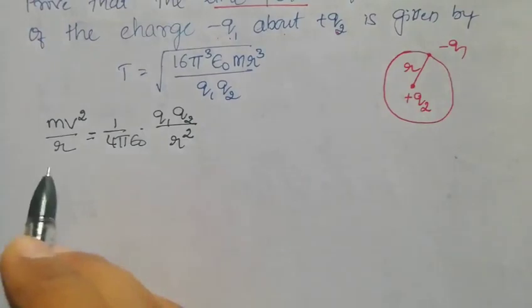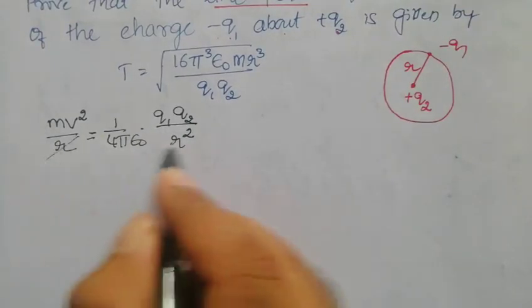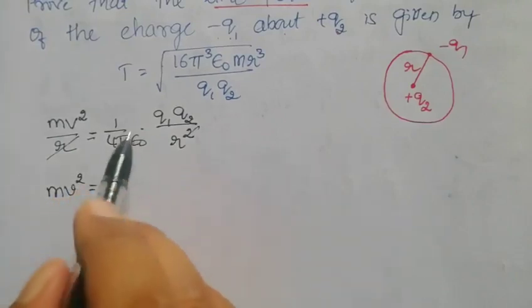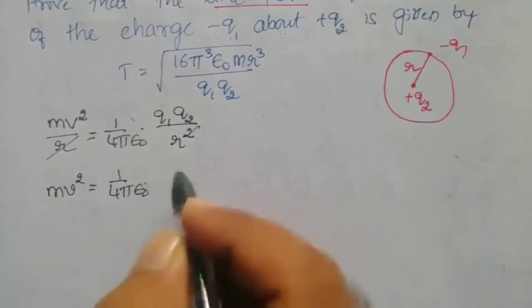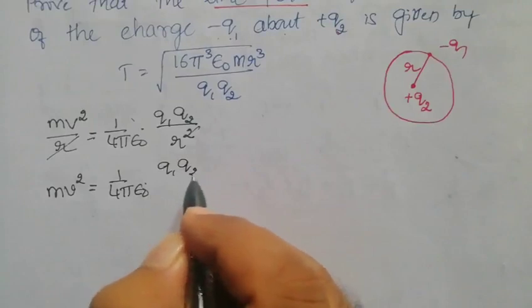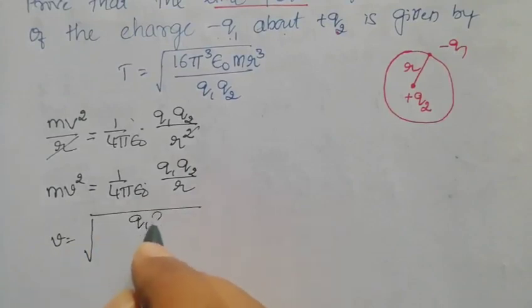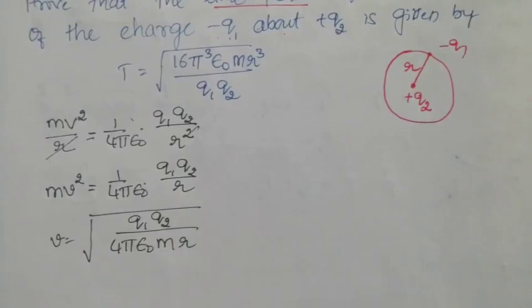Can we get the velocity from this? r is going to cancel one time, so we get mv square equal to 1 by 4 pi epsilon naught q1 q2 by r. Then velocity v equals the square root of q1 q2 by 4 pi epsilon naught, with m in the denominator into r. So this is the velocity we got.